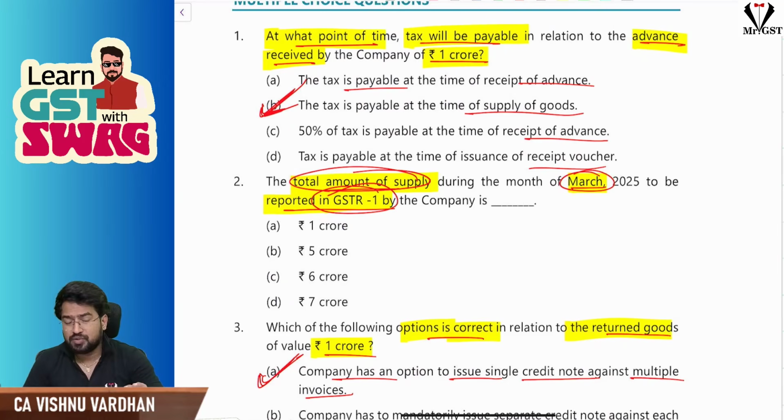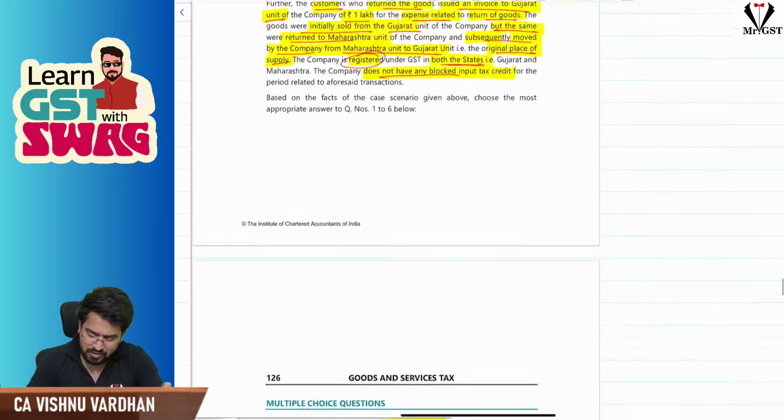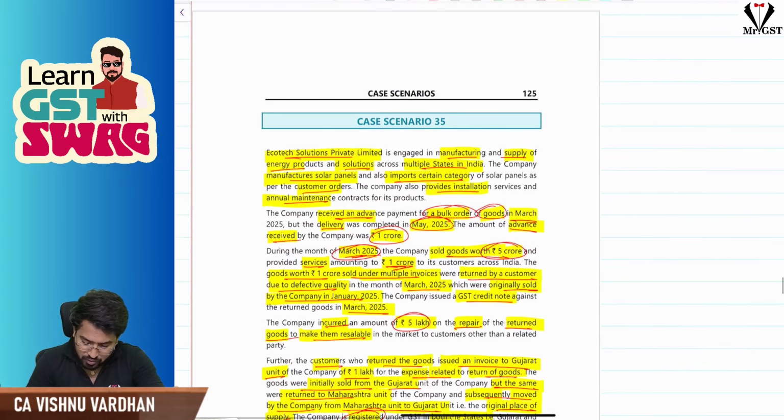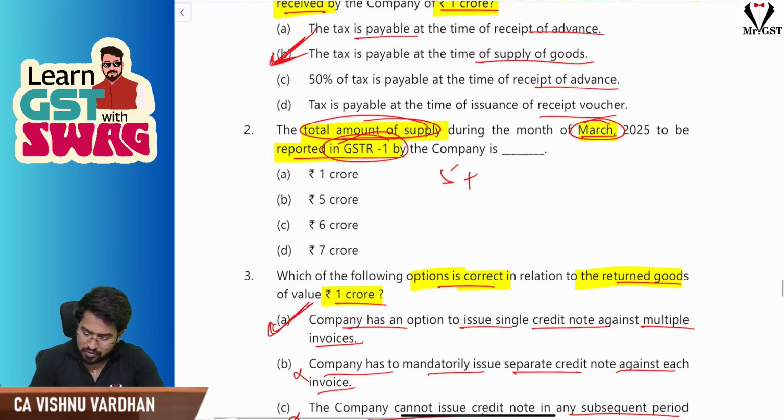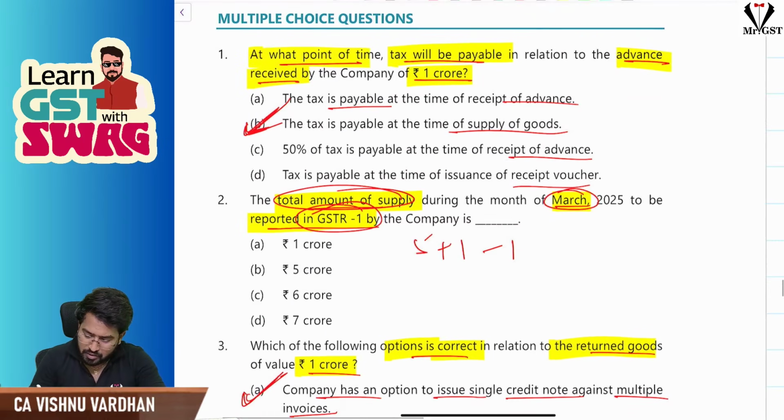The question should have been even better actually. As you know, there is 5 crore goods, 1 crore services, and 1 crore sales returns. So actually it is 5 crore which will have a net impact on GSTR1.